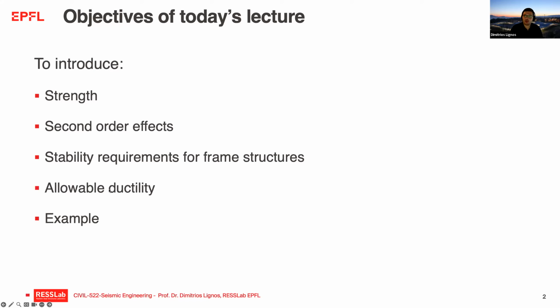I will also talk about allowable ductility and how this is linked with this, and then eventually I will talk to you about an example so that you can see how this comes together.